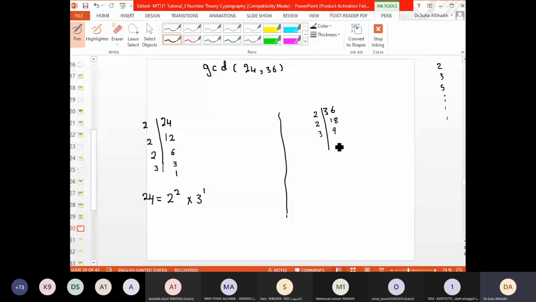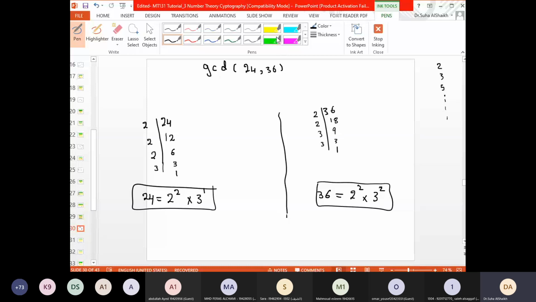By 3, the result is 1. Right? So the 36 is written as 2 power 2 multiplied with 3 power 2. This is the factorization of 36 and this is the factorization of 24.